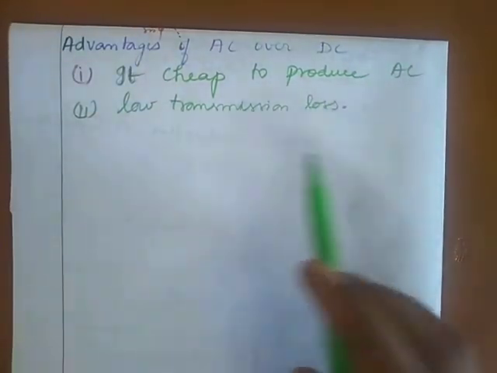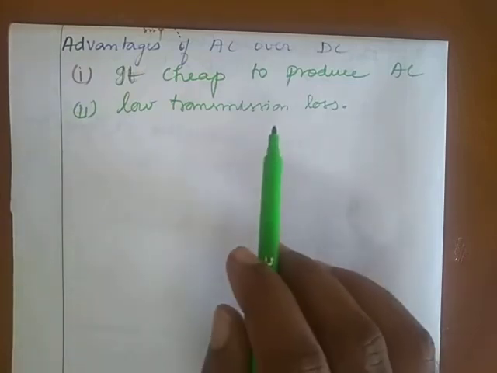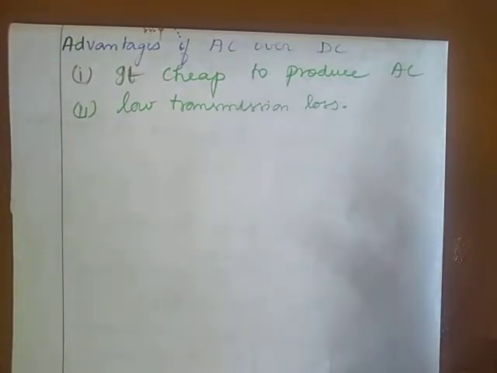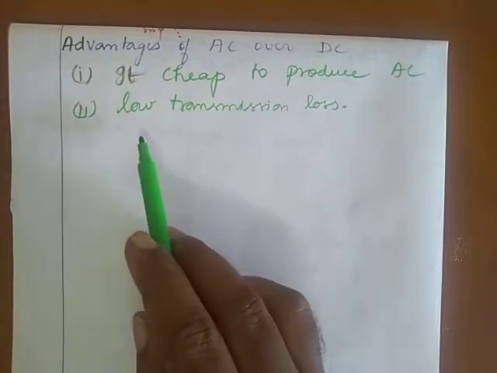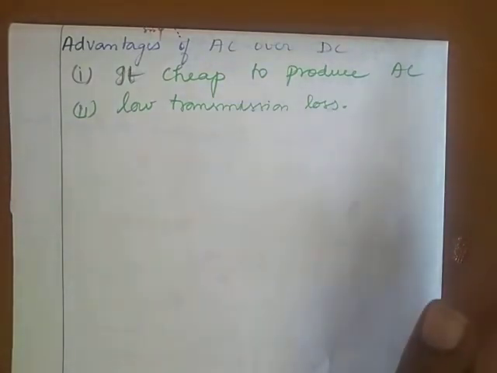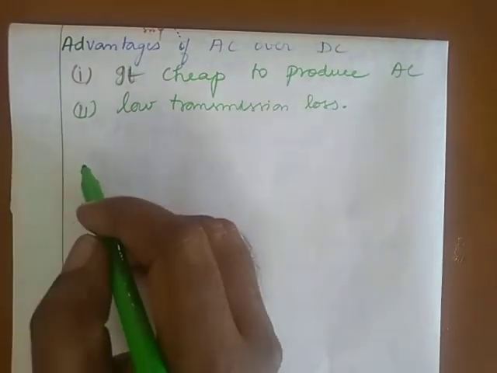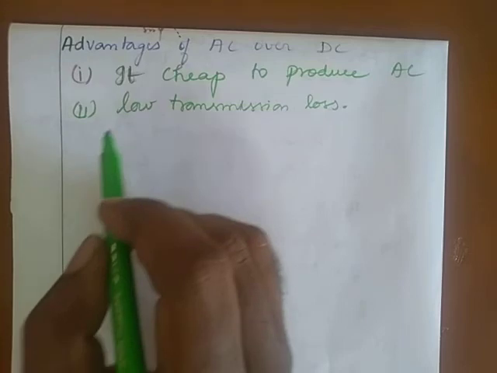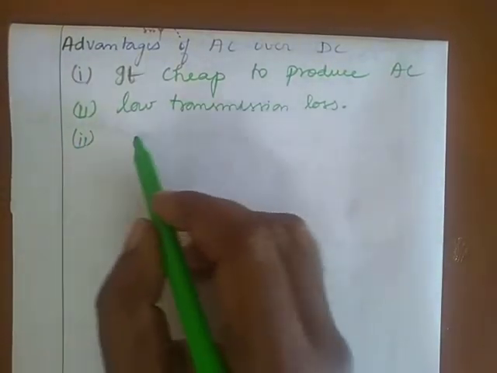If I transmit the AC signal or AC voltage over 50 kilometers of wire, then the loss is only 5%. If I apply the same distance with a DC source, then all the power will be lost. The next, third point, is that we can easily convert AC into DC.